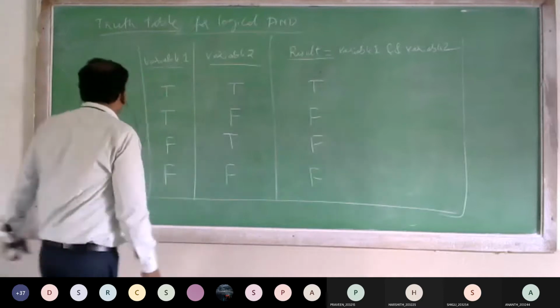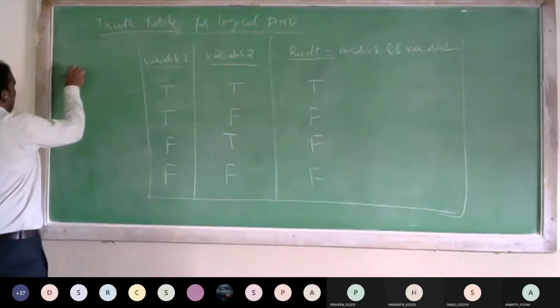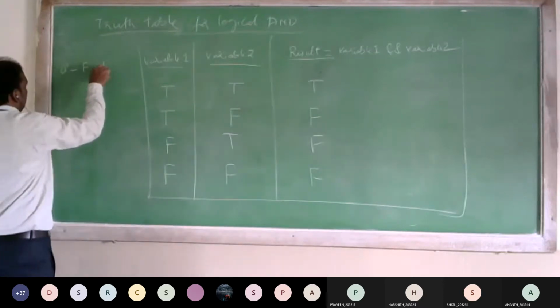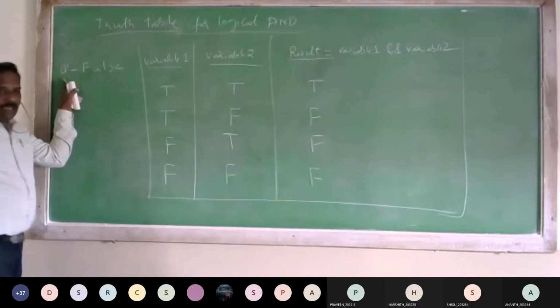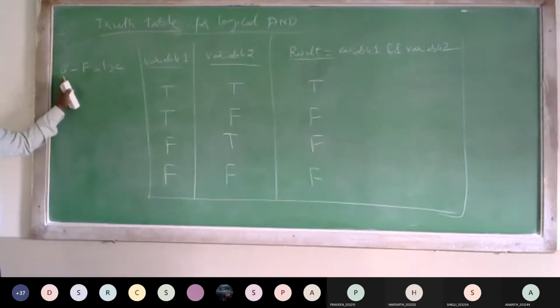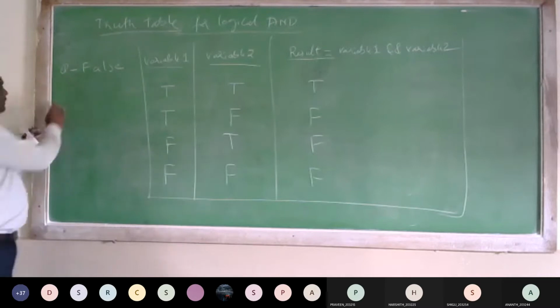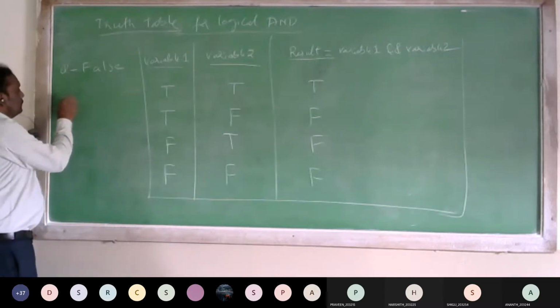Now, what is false? False will always be indicated by 0 in C programming or in any programming language. Now, what is true?